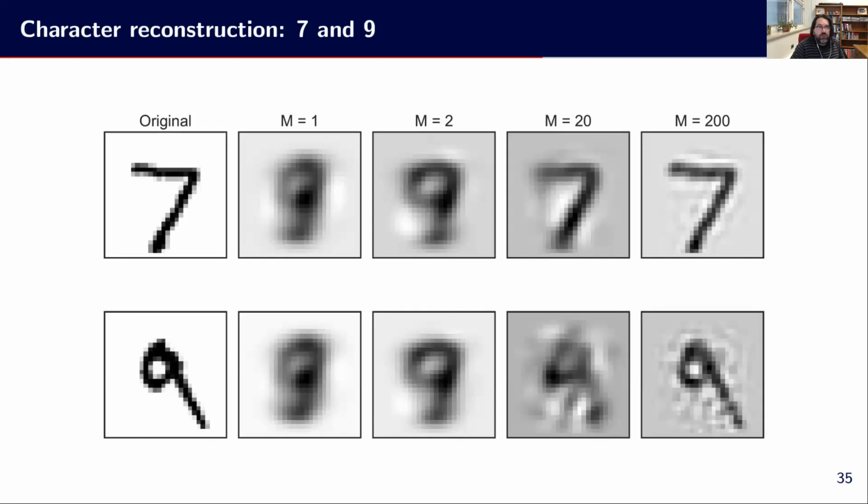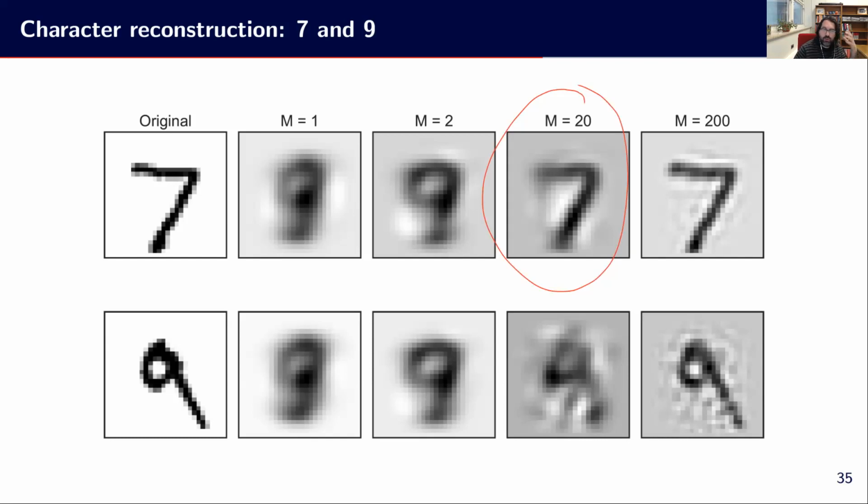We can also look, still with MNIST, at the reconstruction of the characters. If we have this original 7 and we use only one eigenvector, we have that thing, which looks like some average 9 or 8. It's unclear. It's probably not enough. But if we go with more and more components, at 2 it's not enough, but at 20 we are recognizing a 7.